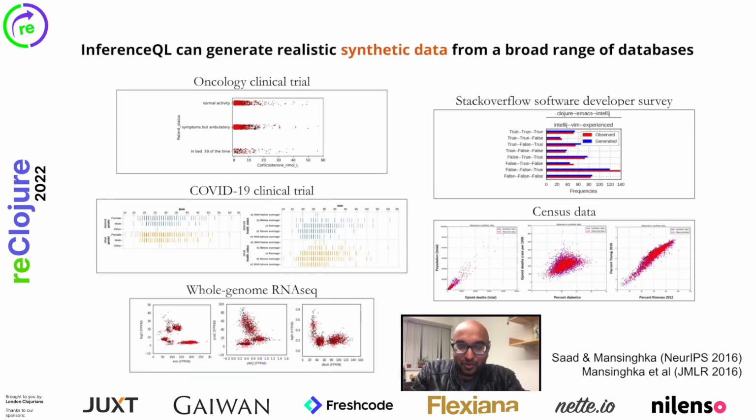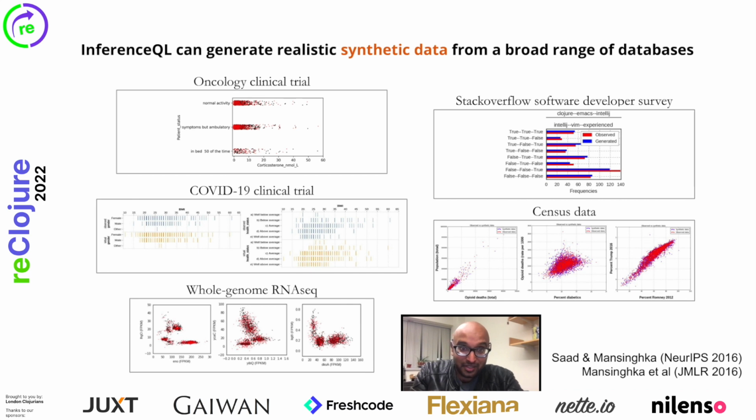Over the years, we've found that InferenceQL can generate realistic synthetic data from a surprisingly broad range of databases, including oncology clinical trials from a major pharmaceutical company, whole genome RNA sequencing data from the MIT Harvard Broad Institute, a survey of software developer salaries from Stack Overflow, which you'll hear more about later from Zane, and data at multiple scales from the US Census.